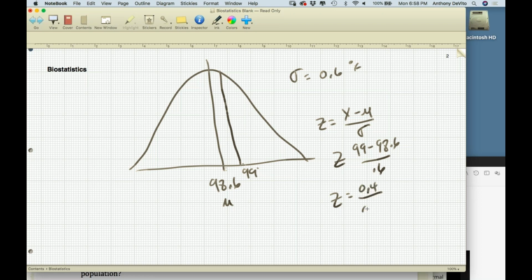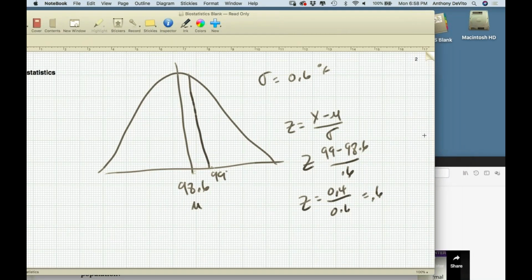0.4 over 0.6, which is equal to 0.67. Actually, 0.666. It could be 0.66667. I'm just going to call it 0.67 for our purposes. So this is 0.67 standard deviations above the mean.